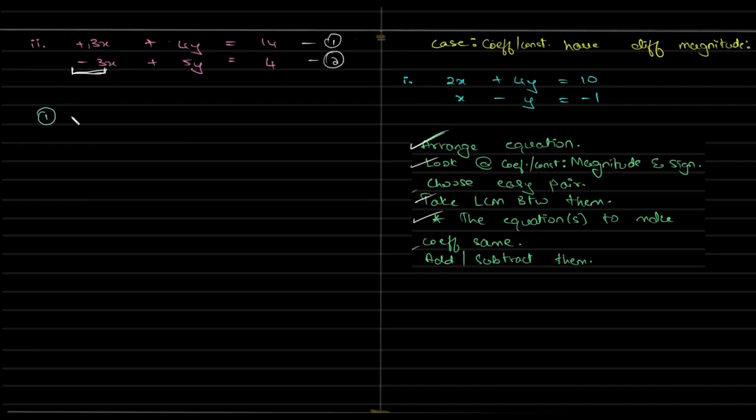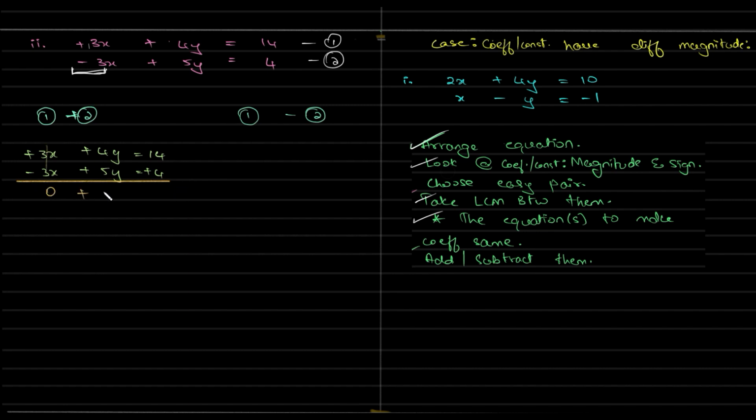Okay. So now let's add and subtract as well. Let's see which operation gives us the required answer. So plus 3x plus 4y is equal to 14, minus 3x plus 5y is equal to 4. Again, addition has to do with not changing the sign. So this gets cancelled.